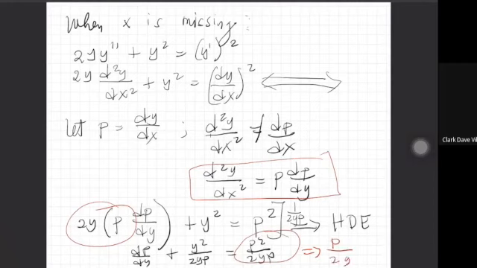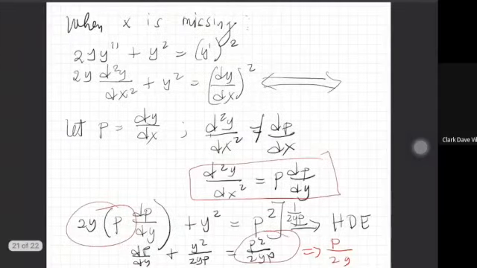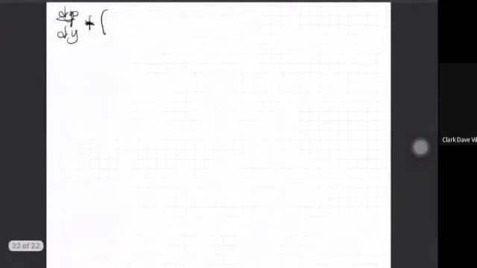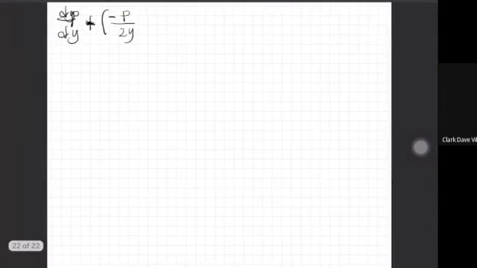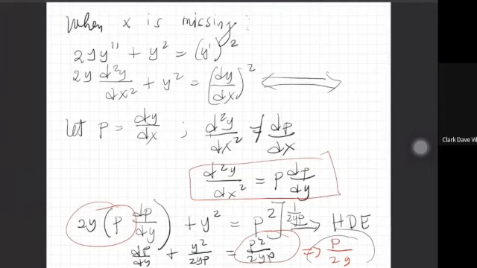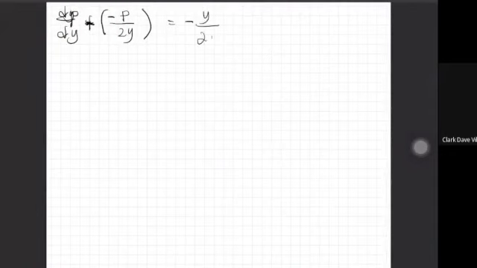So this will be the second term in the Bernoulli template, such that we will write negative because we will transpose this to the other side. So I have here negative p over 2y, and this one will be transposed to the other side, now reduced to y over 2p, equals negative y over 2p.